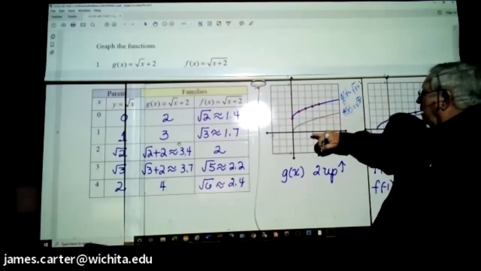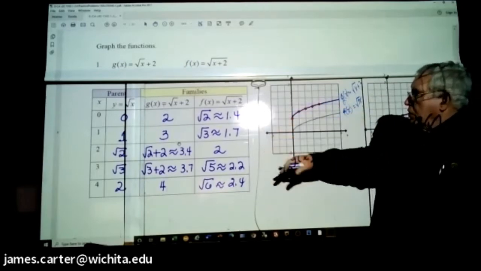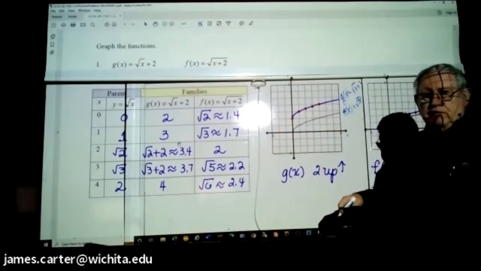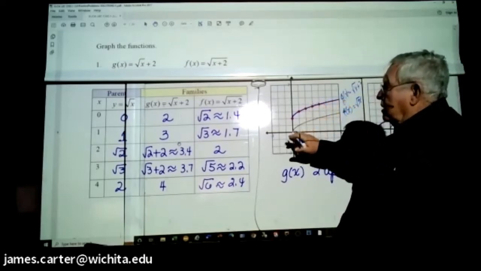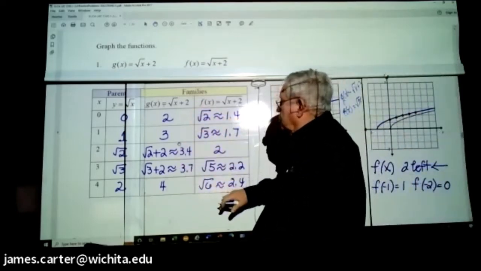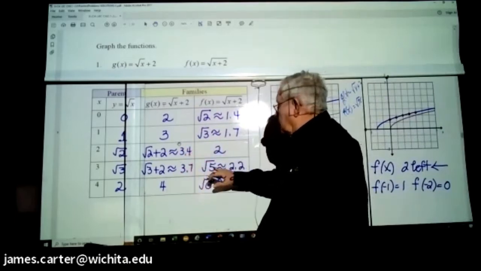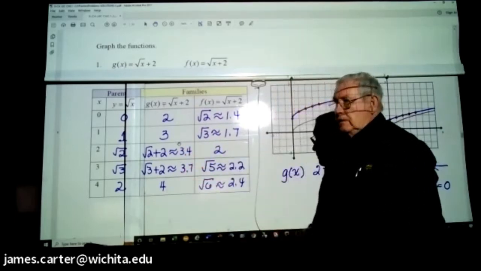Label them like that without showing that. If you can do this from what we've done in class, I will be perfectly happy with this without you plotting all those points, and in some cases on your calculator.